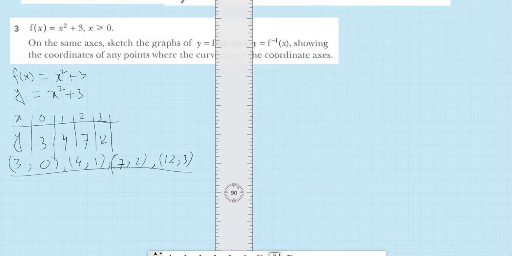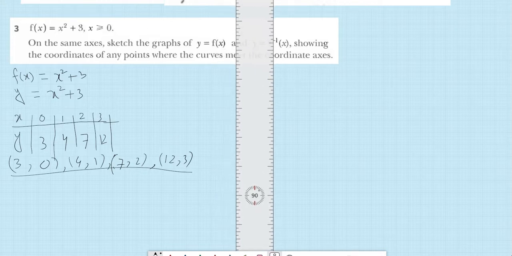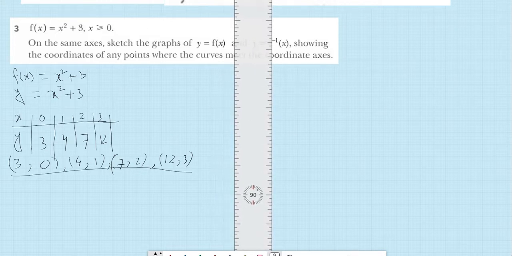But no problem. Next time I will not do this. This is our y-axis.